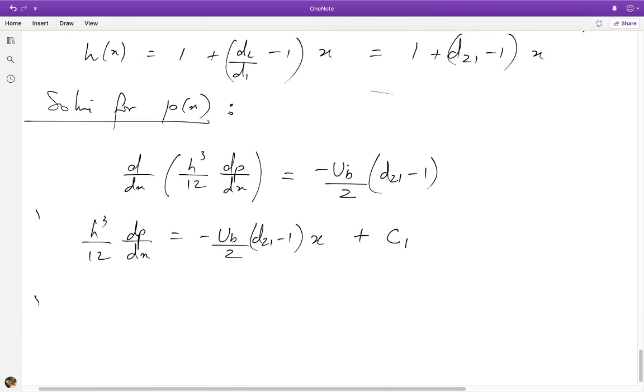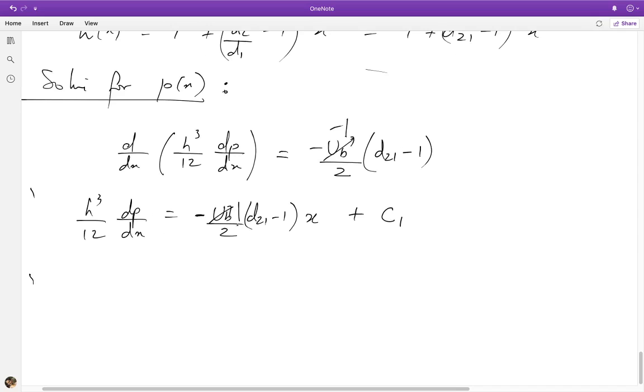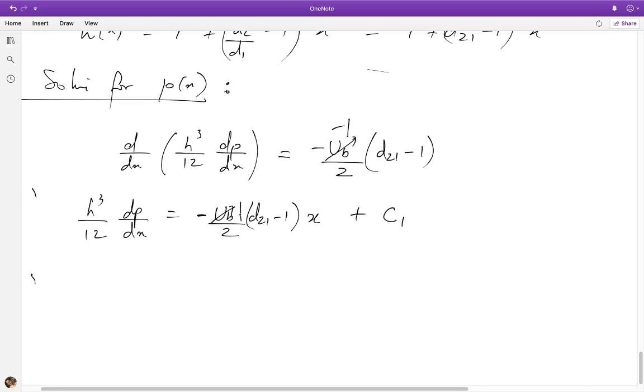Which means that here I should have actually had just minus 1. Similarly, here I should just have had minus 1. Basically, ub is used to scale velocity, so for simplicity ub is just 1. Okay, so that leaves my equation the same. I can now divide throughout by h cube and get an expression for dp dx.